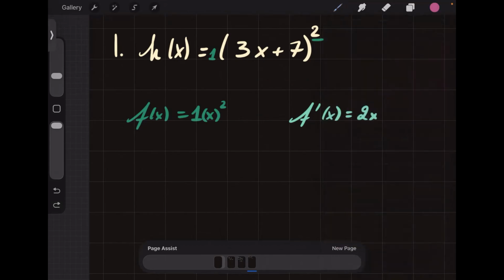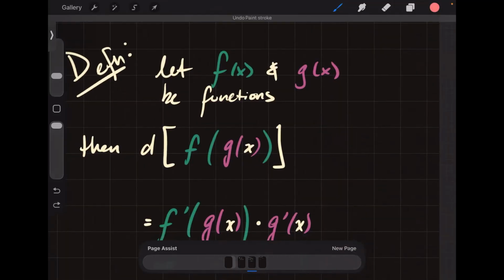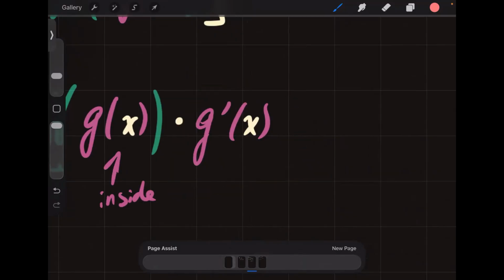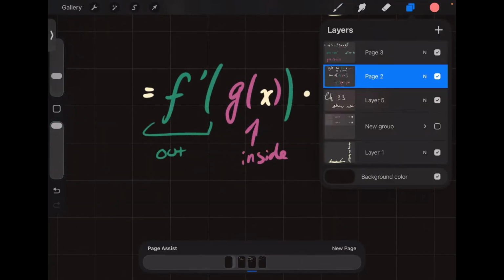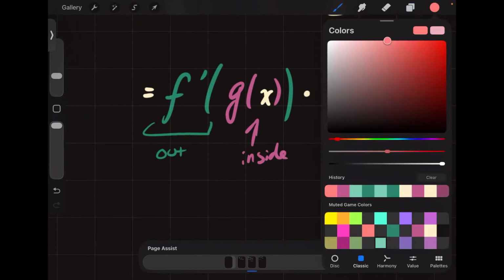And now let's talk about the inside. The inside function is g of x is equal to 3x plus 7. I'm going to put it in parentheses. You want g of x, and you also want g prime of x. In fact, what I'll do for you is I'll write g prime in orange, and I will do f prime in light blue, so they match.